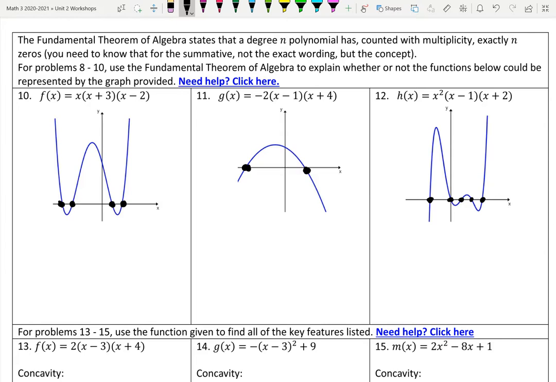So, in 10, basically, there are 4 roots. Notice, though, there are not 4 groups.